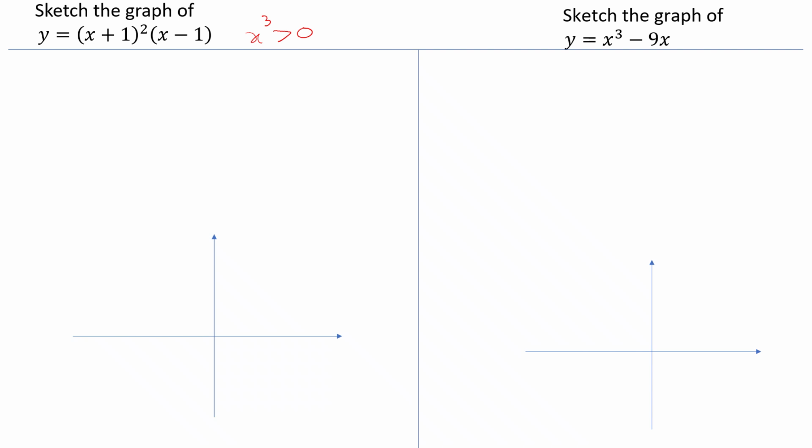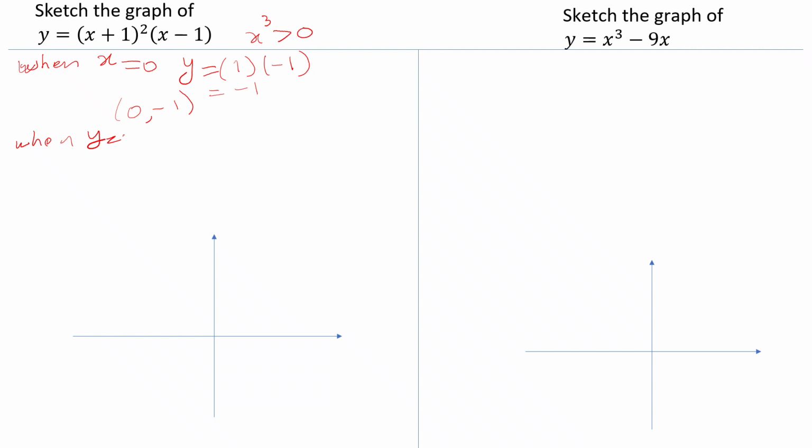So when x equal to 0, y equals 1 times -1, so just -1. So the coordinate (0, -1).